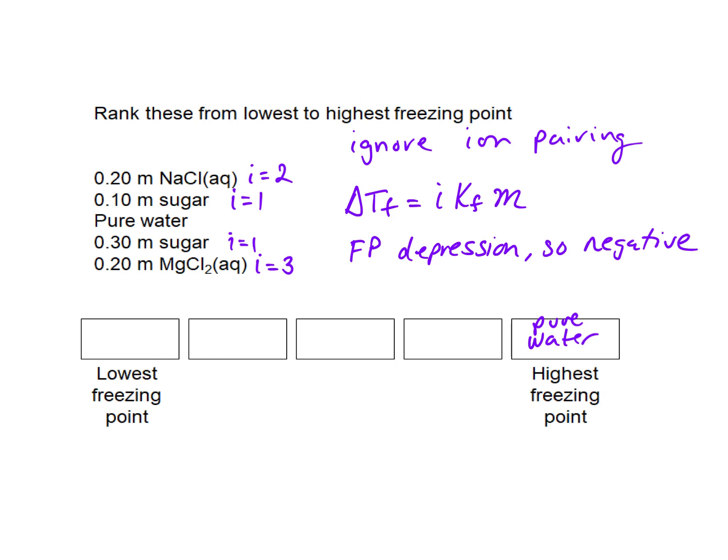Okay. So given that, which one is going to have the lowest freezing point? Magnesium chloride, yeah. The 0.2 molal, excuse me. So if we multiply 0.2 by i, which is 3, we get 0.6. Then the next one is going to be our sodium chloride. We have 0.2 molal, and we have i of 2.